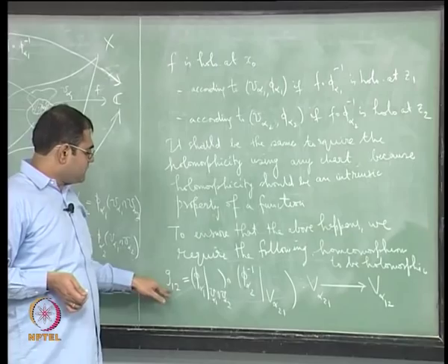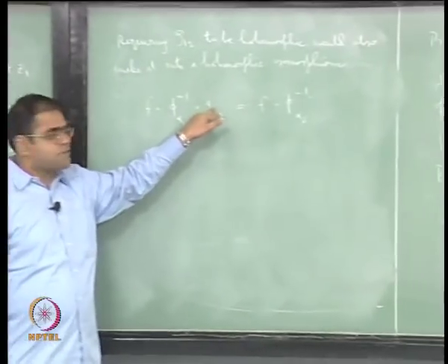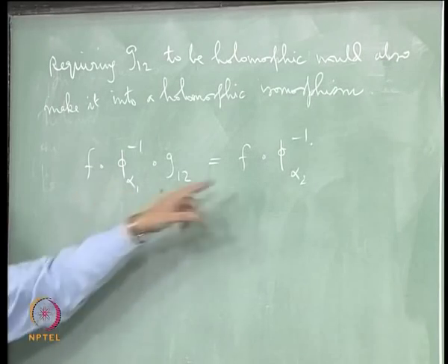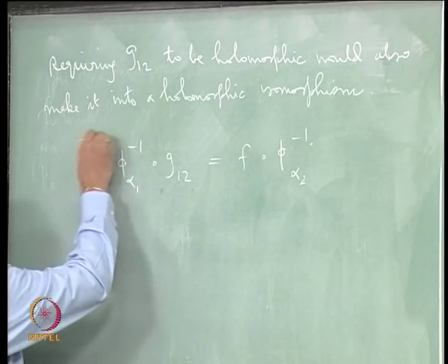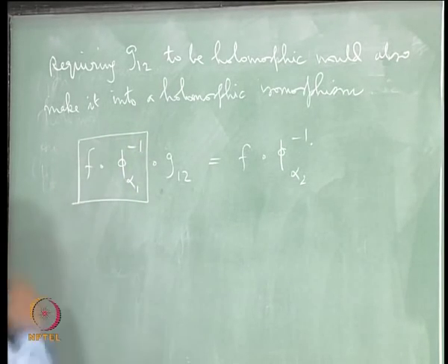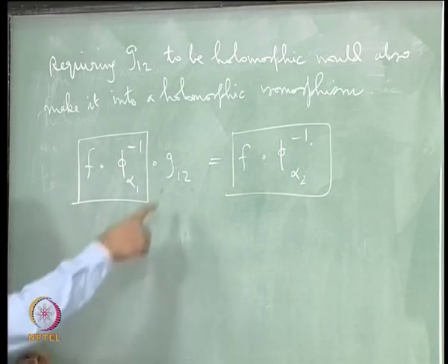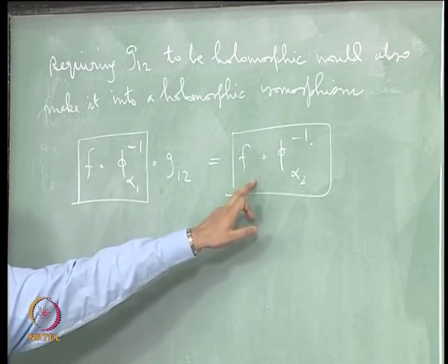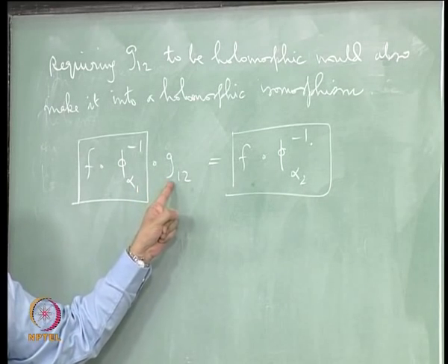Then if I plug that in instead of G12, I get F circle phi alpha 2 inverse. Therefore this map and that map differ by a holomorphic isomorphism, and therefore this is holomorphic if and only if that is holomorphic, because G12 has an inverse.